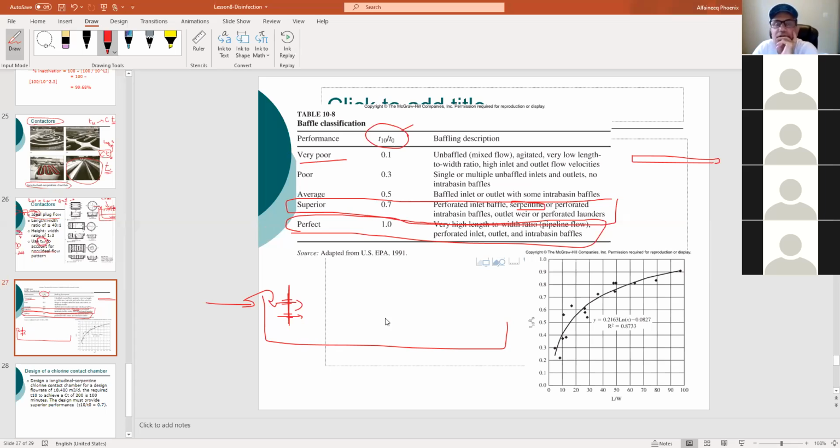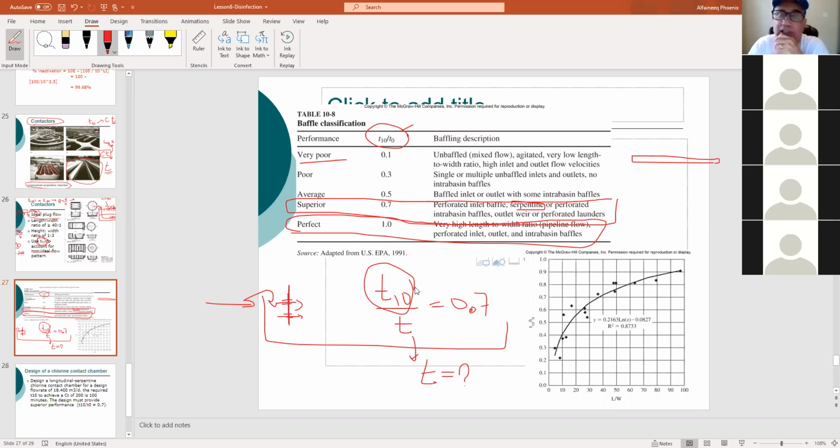Once you go with the superior design, you understand that your T10 divided by T detention time equals 0.7, all right? The only thing that you need in order to get detention time is to figure out this using the tracer recommendations, right?